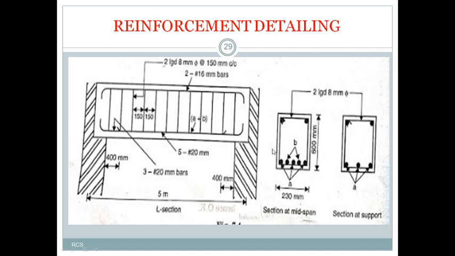If you see the cross section at the midspan, there I have to provide 5 numbers of 20 mm diameter bars in the tension zone and 2 numbers of 16 mm diameter bars in the compression zone. And if we go near the supports, we have only 3 bars as main reinforcement, because 2 bars are cut off. That's why they are showing 1, 2, 3, and these 2 are as usual compression reinforcement.